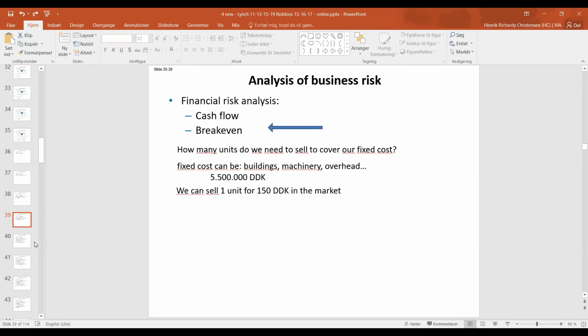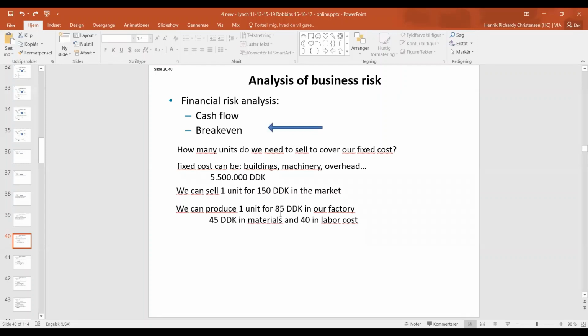Okay. Then we know that this unit that we sell in the market costs altogether 85 Danish to produce in our factory.